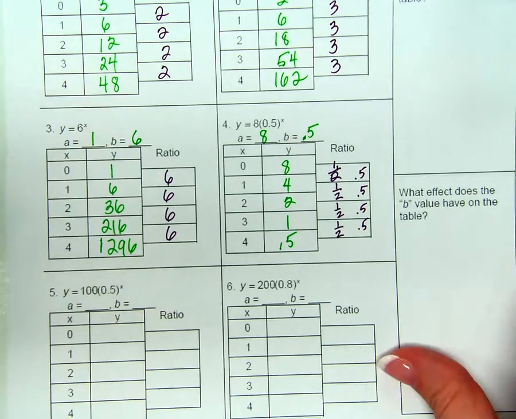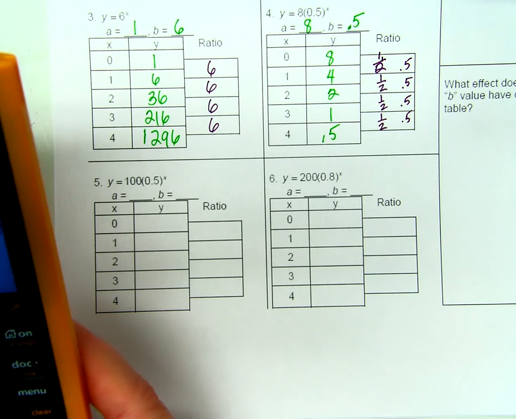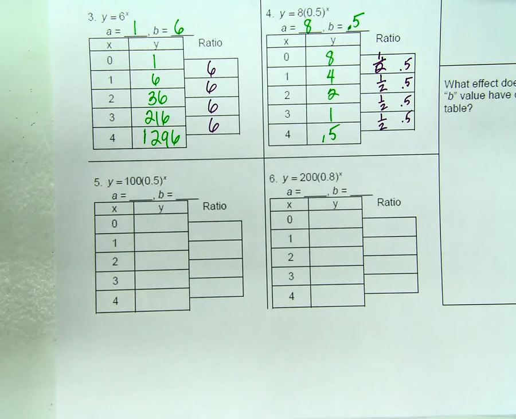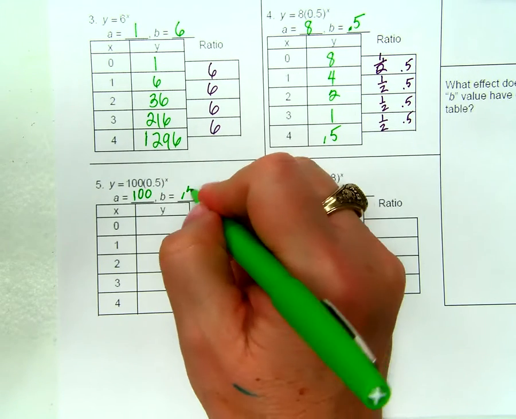Okay. Problem number 5. A is 100. B is 0.5.